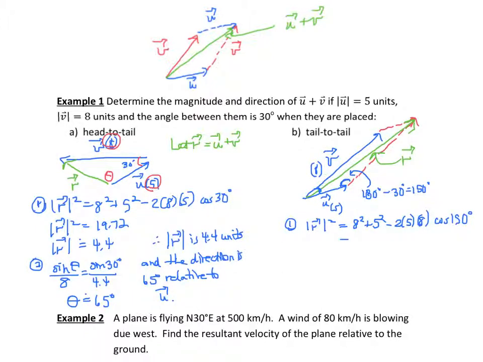So r squared equals 158.282, and then when we take the square root of that, we get r, the magnitude of r, which is 12.58.